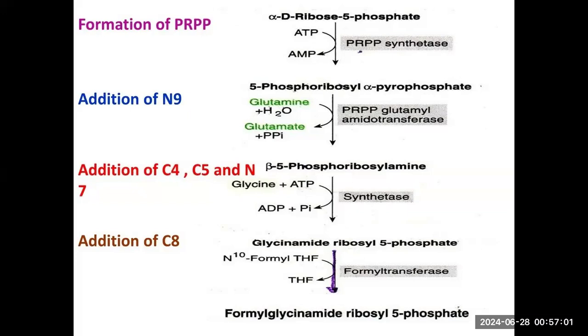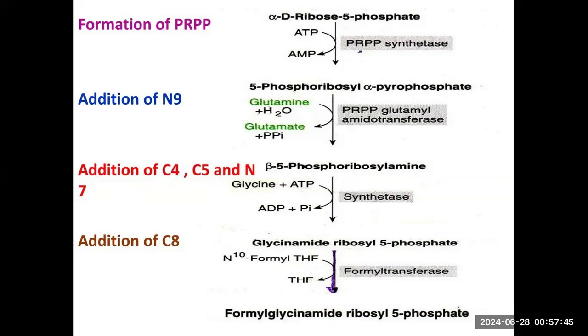This slide shows the step-by-step formation of the purine ring. First step is the formation of PRPP, phosphoribosyl pyrophosphate. This is the activated form of the sugar on which the purine ring is developed. So alpha-D-ribose 5-phosphate, in the presence of ATP and the enzyme PRPP synthetase, is converted into phosphoribosyl pyrophosphate.